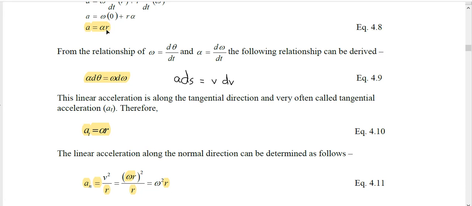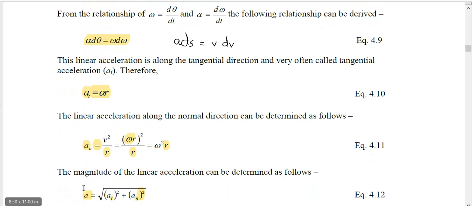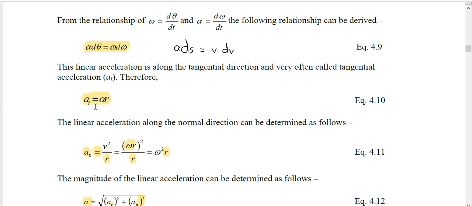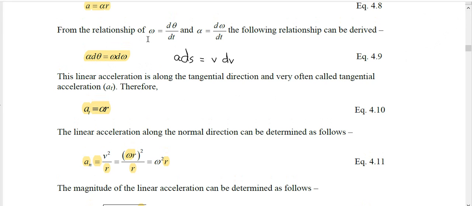So for angular rotation, there are two kinds of acceleration, normal and tangential, and the combined acceleration we can find using the Pythagoras rule, which is the square root of the sum of squares of both components. So that is the story about acceleration. We saw the story about linear velocity and angular velocity. Now there is another type of expression connecting acceleration and velocity.